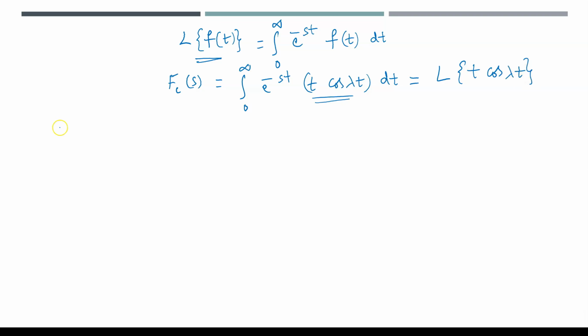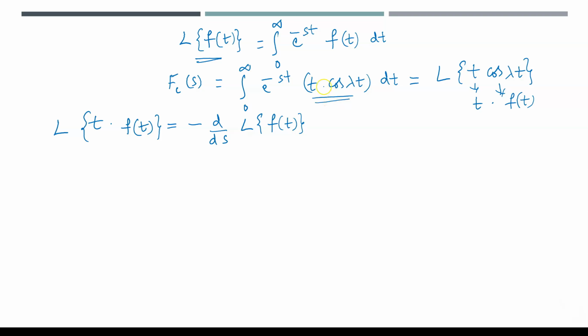Here there is one formula for the Laplace transform of t into f(t). We have to use this formula: L of t f(t) equal to minus d by ds of the Laplace transform of f(t). Okay, so here this is t, this is f(t) again, and this one is t into f(t).